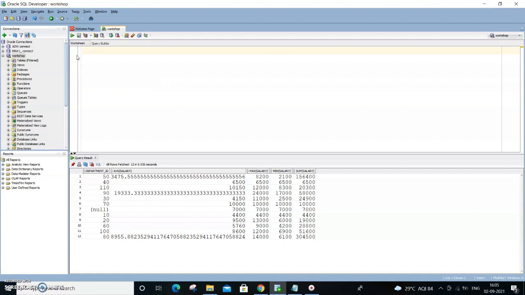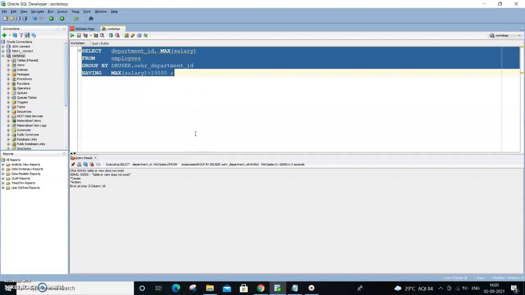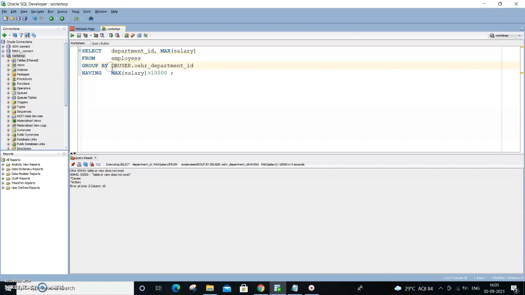The next one is, of course, group by, with max salary above 10,000. Table or view does not exist. Okay, at a wrong place. This should be the DB user, OE HR, employee, group by department ID.